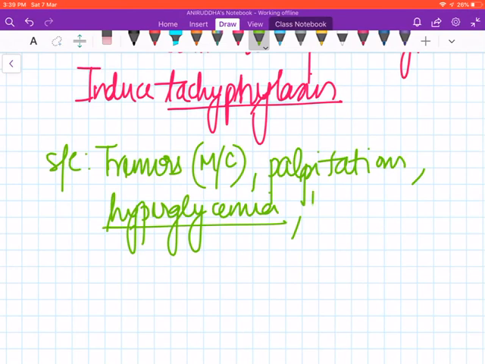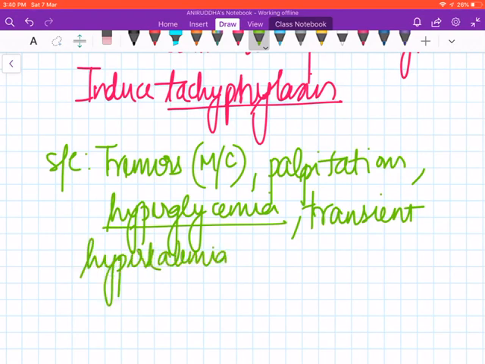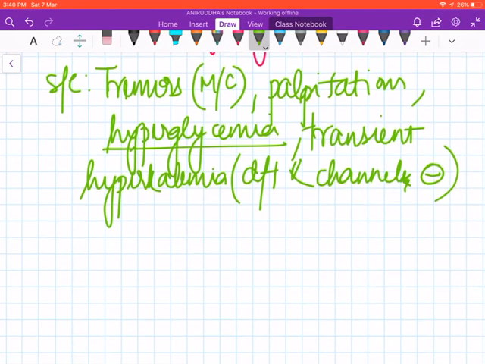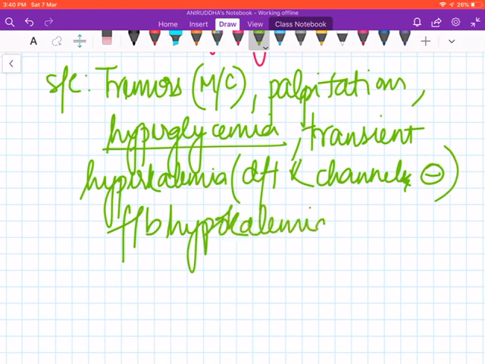Then there can be transient hyperkalemia due to potassium channel blocking effect, followed by hypokalemia due to insulin release.